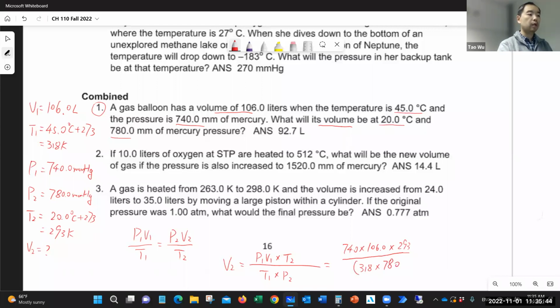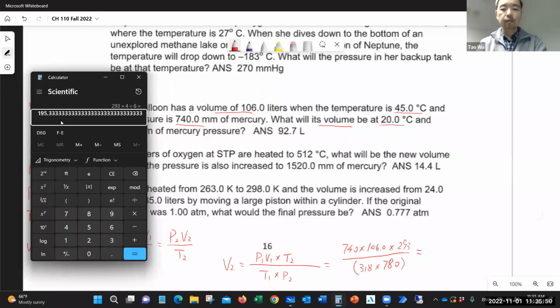When you do the calculation, make sure the bottom part has parentheses: 740 times 106.0 times 293 divided by parentheses 318 times 780 parentheses.